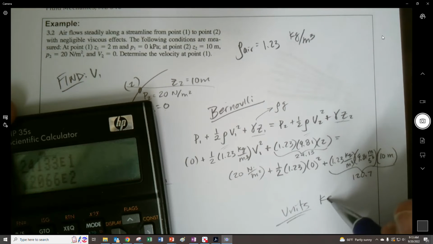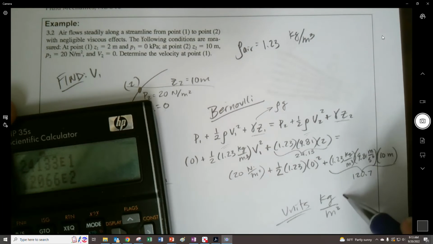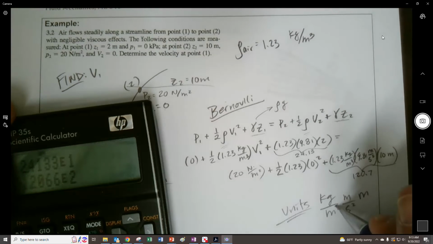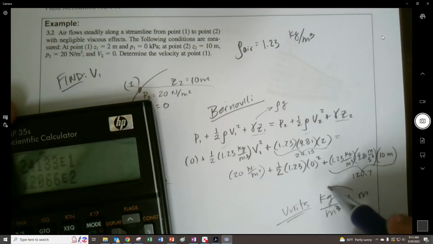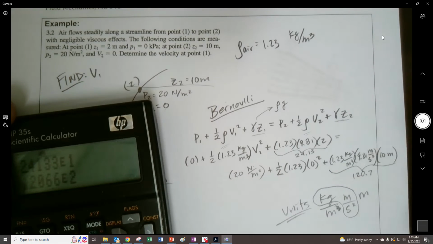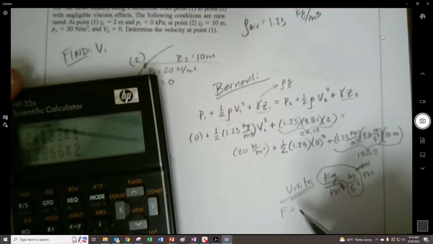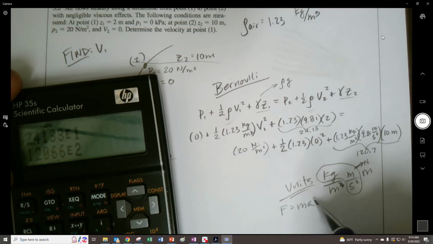Looking at the units, let me just write a little thing over to the side. We have a kilogram per meter cubed times meter per second squared times meter. That's a cube. If you take a look at this guy right there, that always turns into a Newton, right? A kilogram meter per second squared turns into a Newton, because you could always think of F equals ma as a concept, but also as a unit balance, so that a Newton equals a kilogram meter per second squared.